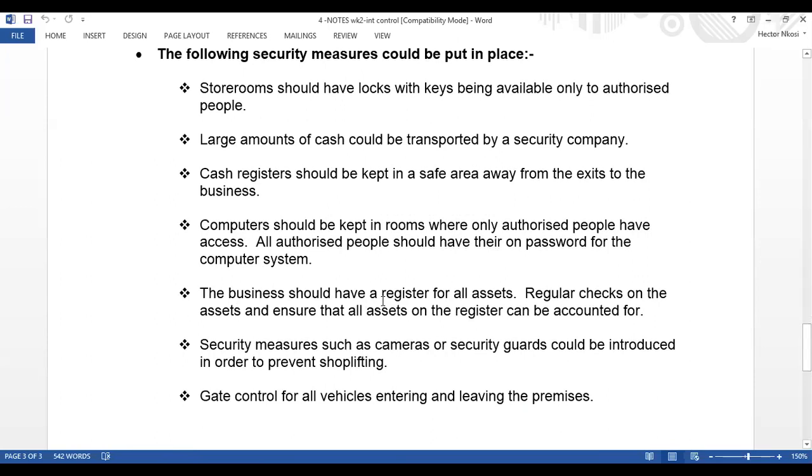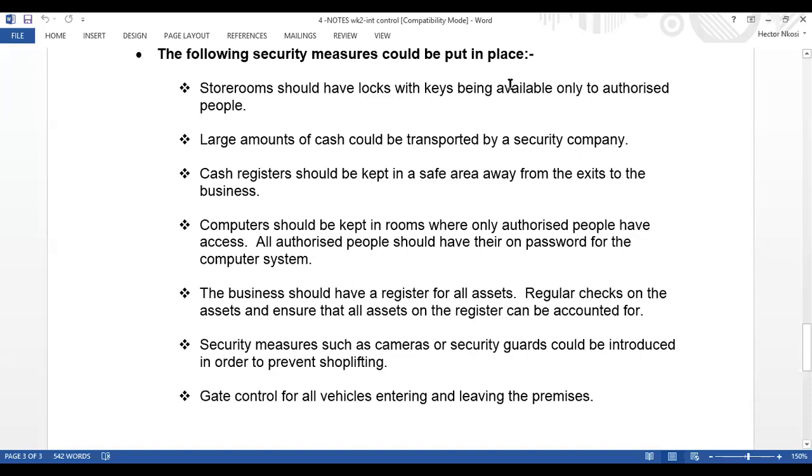The business should have a register for all assets, regular checks on assets, and ensure that all assets on the register can be accounted for. Security measures such as cameras or security guards could be introduced in order to prevent shoplifting. Gate control for all vehicles entering and leaving the premises, basically, right?